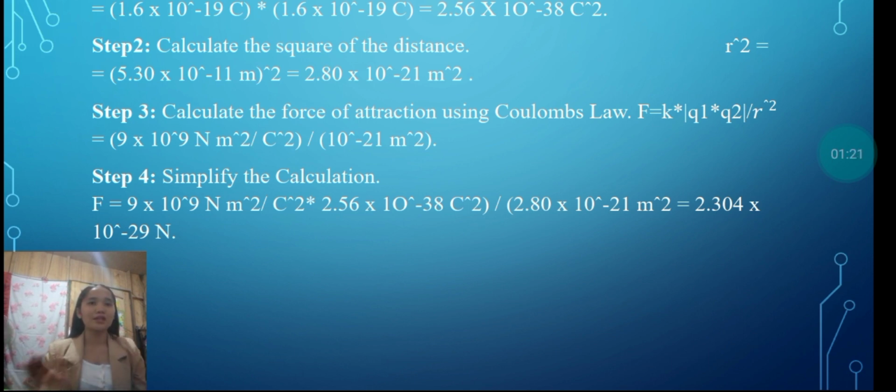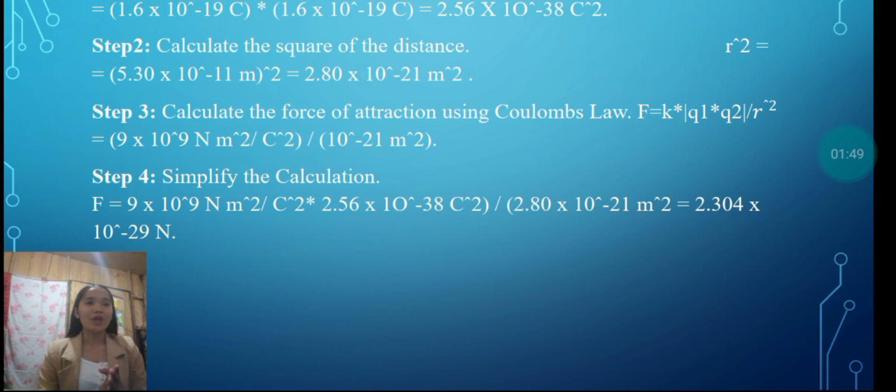Step 2 is to calculate the square of the distance. 5.30 times 10 to the negative 11 m, squared, is equal to 2.80 times 10 to the negative 21 m squared. Step 3 is to calculate the force of attraction using Coulomb's law.